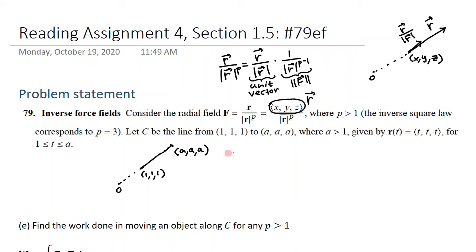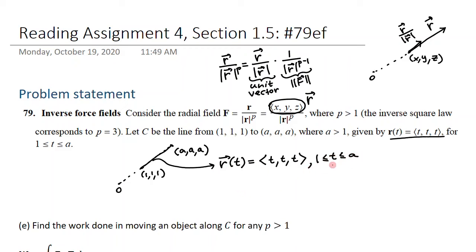The line is parameterized like this. R of t equals (t,t,t) for t going from 1 to a. So the parameterization of this line is given by (t,t,t) for t between 1 and a.